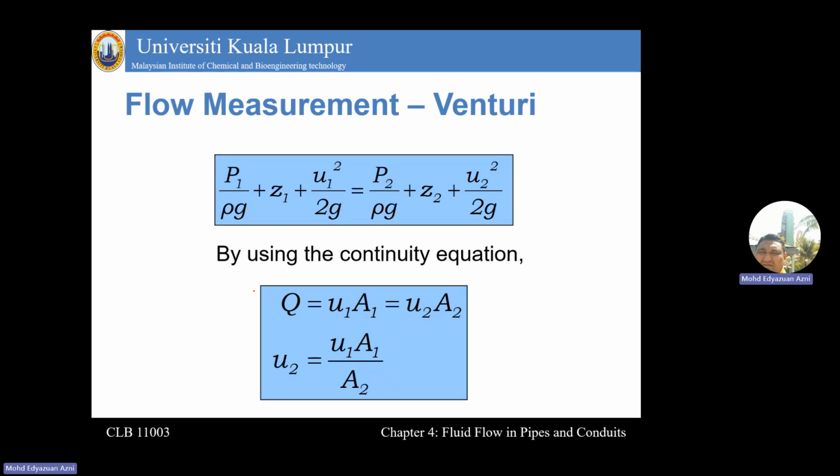Still using the Bernoulli equation, we put it together with the continuity equation, which is Q equal to AU. We know that Q1 equals Q2 because of conservation of mass. So U1 A1 equals U2 A2.